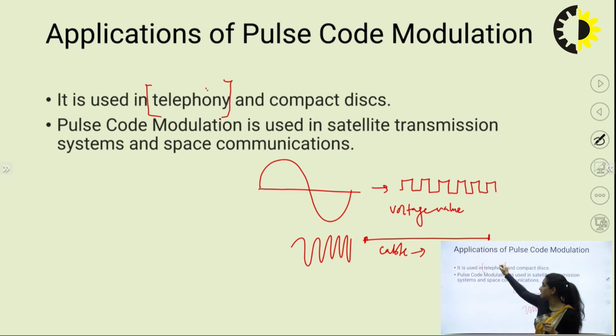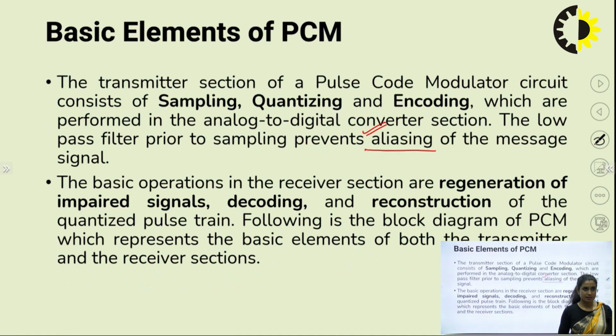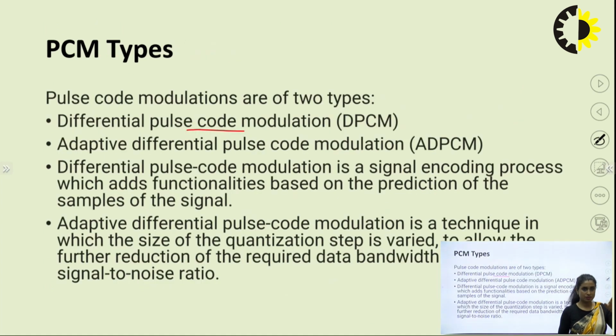So wired telephony is one of the major applications of PCM which we use to this date. And satellite transmission as well, we use pulse code modulation. Like I discussed earlier, let's go back to the previous slide and read it once again.